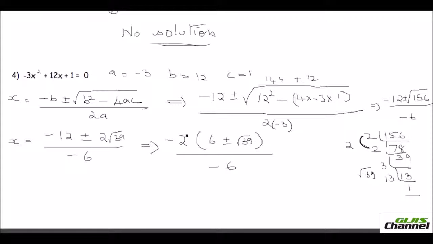This minus 2 will go here 3 times. So your x value is 6 plus root 39 over 3 or 6 minus root 39 over 3.